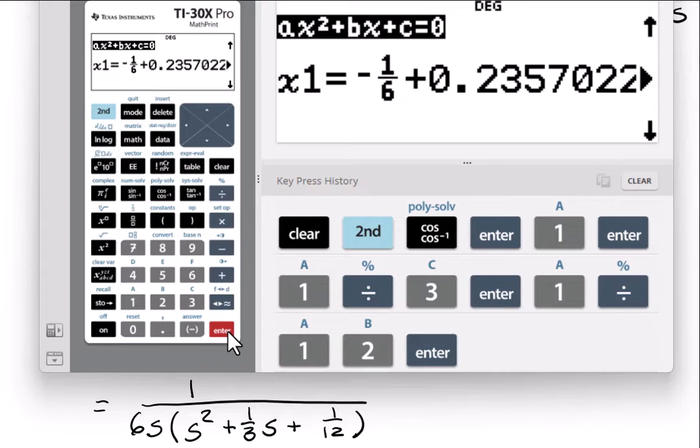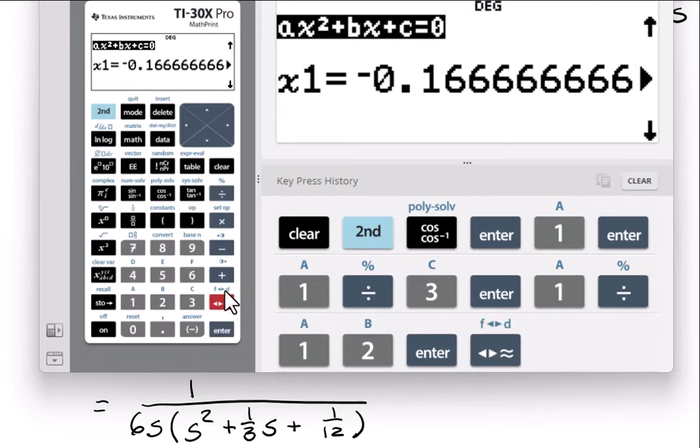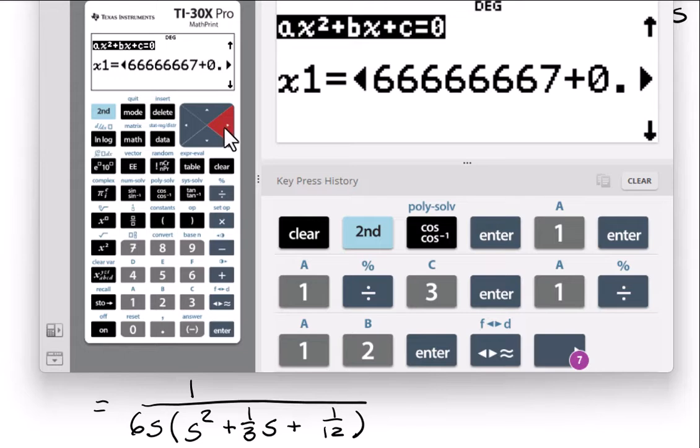In case you were a little confused, J is just the electrical engineer's way of doing the square root of -1. So this, I'll press this arrow button to get it in decimal. So this is minus 0.166, and then the imaginary part is 0.2357. If I kept going, it would have an I at the end of it.